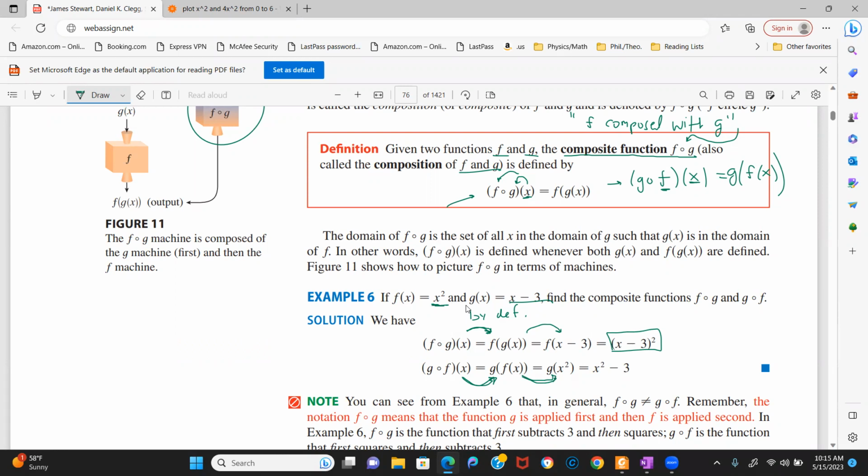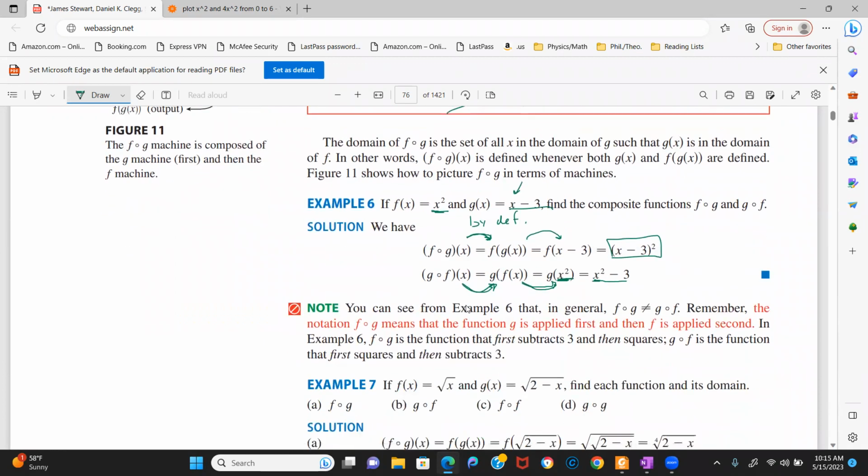Well, f of x is x squared, so you get g of x squared. To evaluate that, go to the formula for g of x, x minus 3, and replace the x with x squared. So you get x squared minus 3.